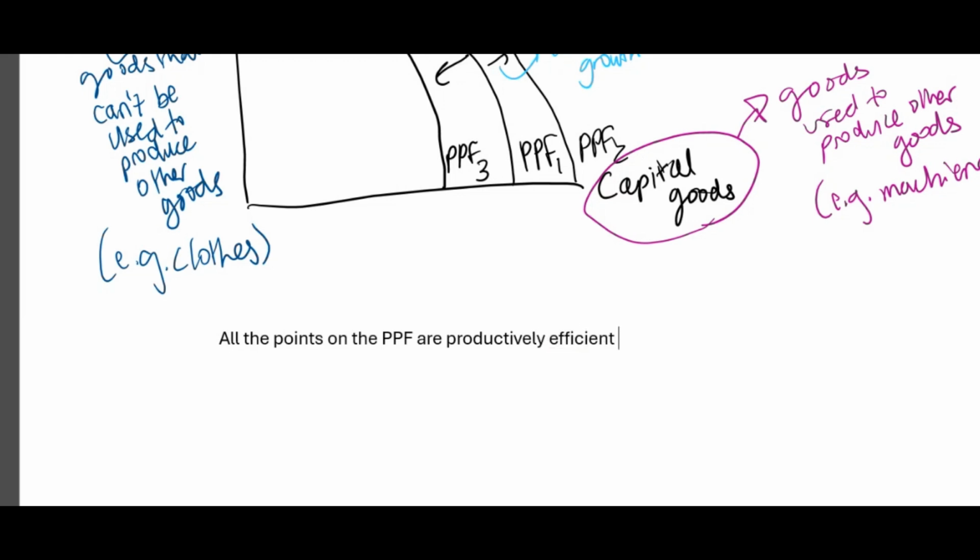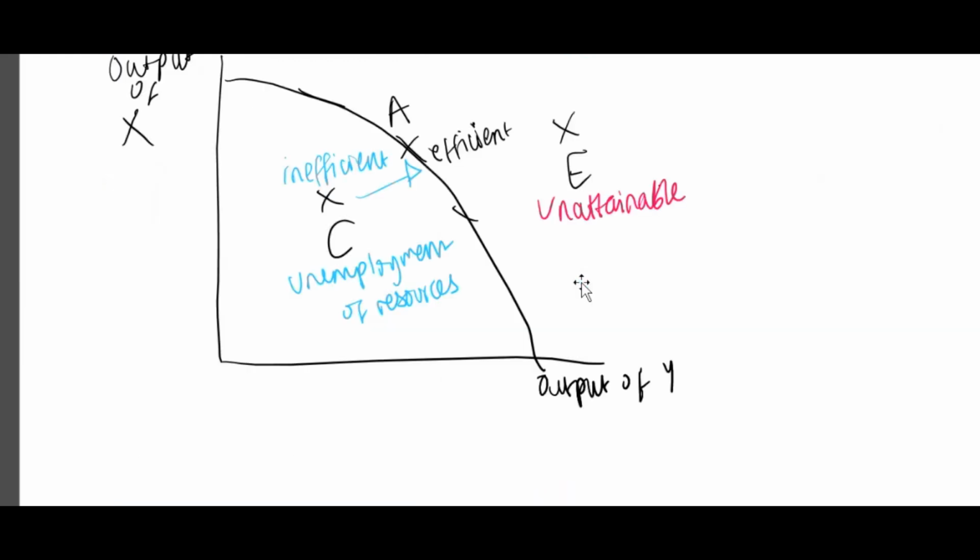So what does this mean? This means that productive efficiency is when we are reducing our costs as much as we can reduce them. So we are operating at the lowest possible cost. Imagine we're a business, we have reduced our costs as much as we can so we can maximize efficiency. And that's obviously at the PPF. This is our ideal point.